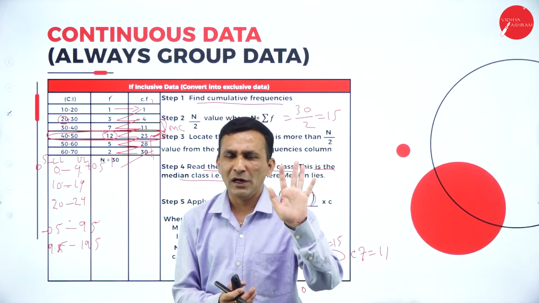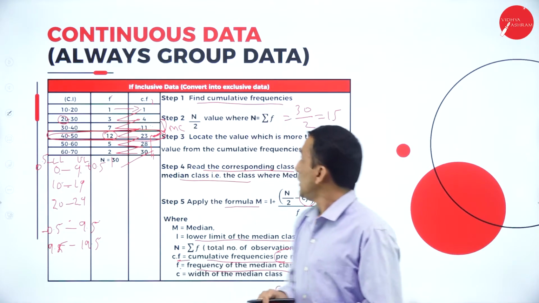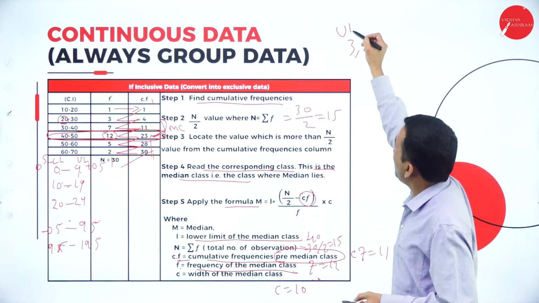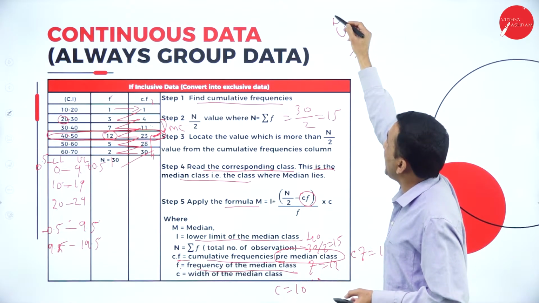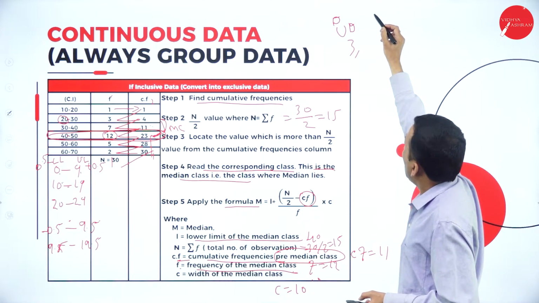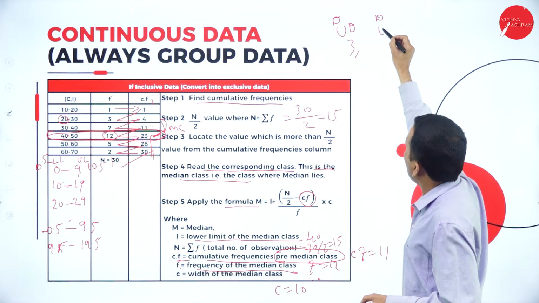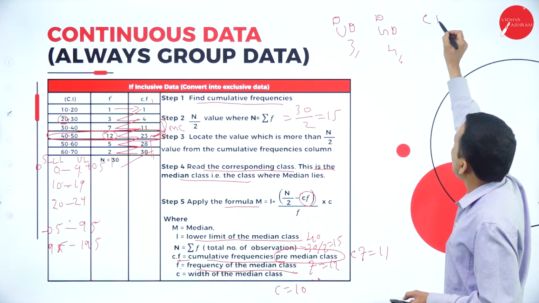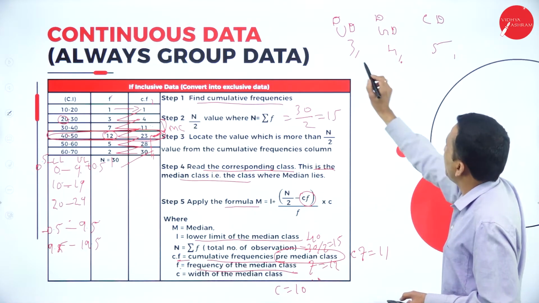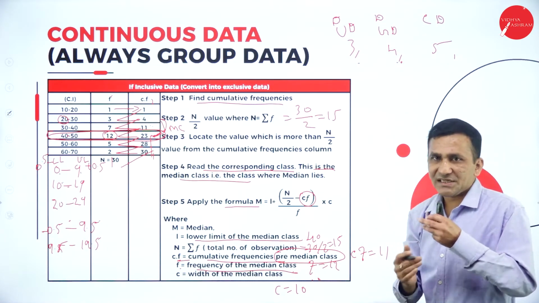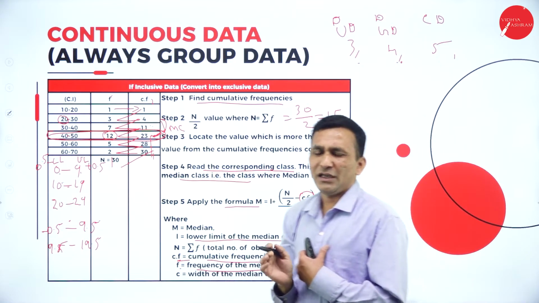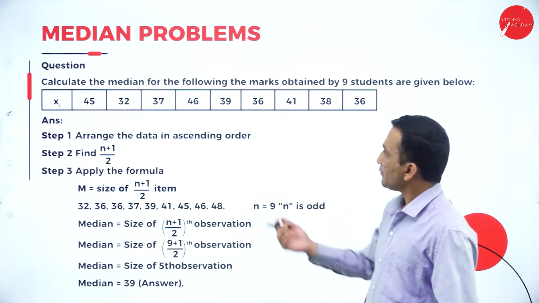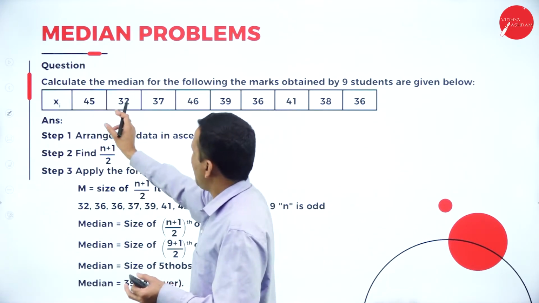You have to remember this. It is very simple: 3, 4, 5, one step increasing each time. You can remember it very easily. Moving forward, there are a few example questions.